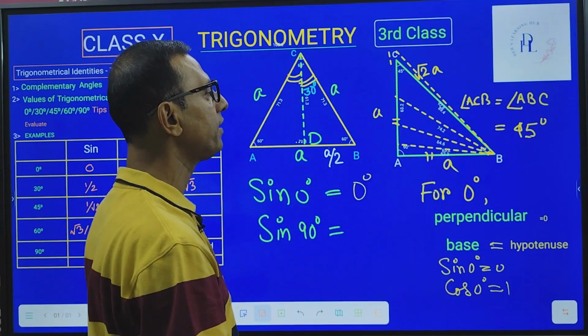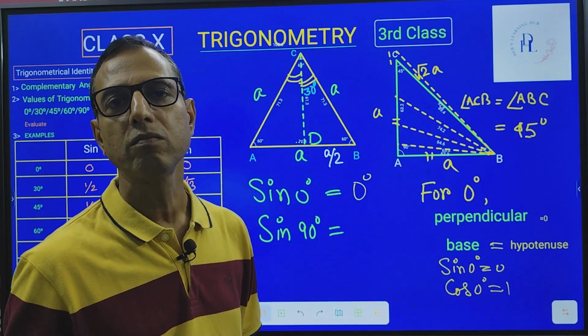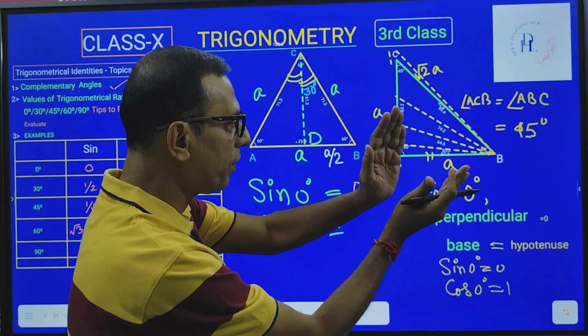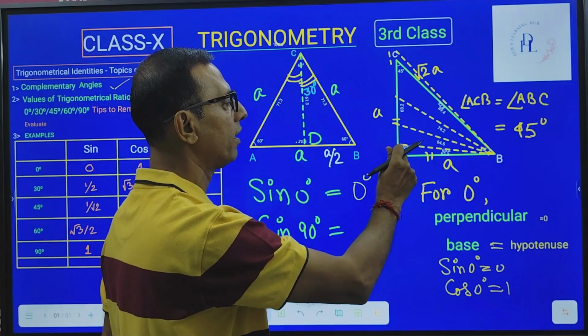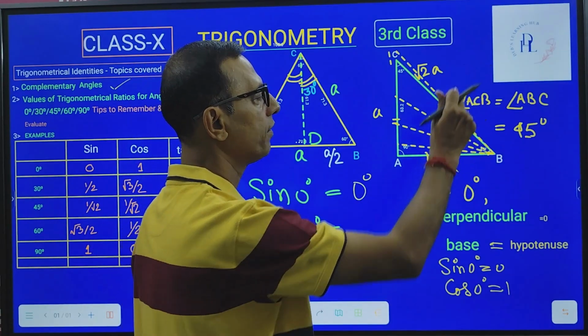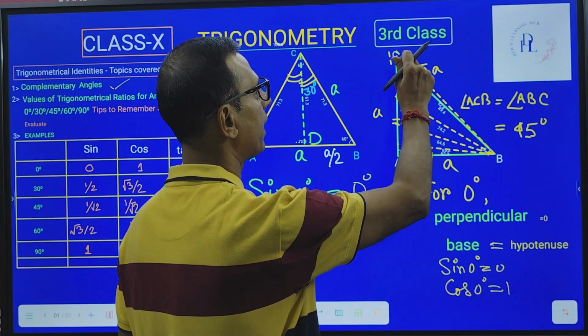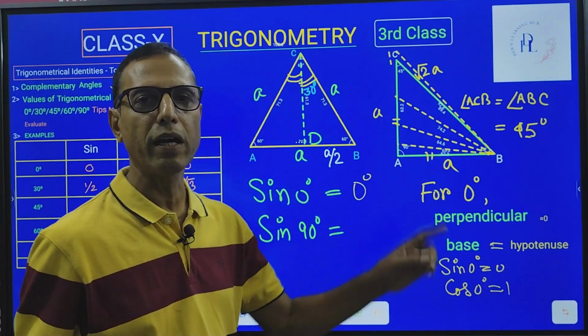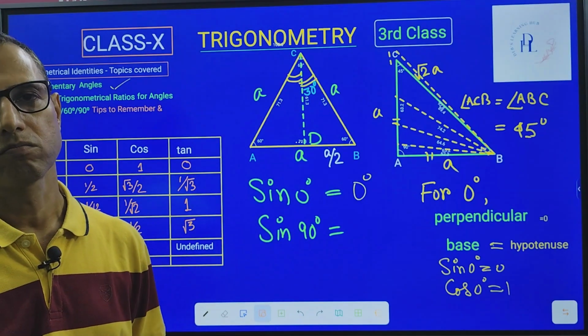Now with respect to 90 degree, your perpendicular and hypotenuse will be equal, because the angle is increasing until it becomes a rectangle. So when this is 90 degree, the perpendicular will be equal to the hypotenuse. So perpendicular by hypotenuse will be 1.